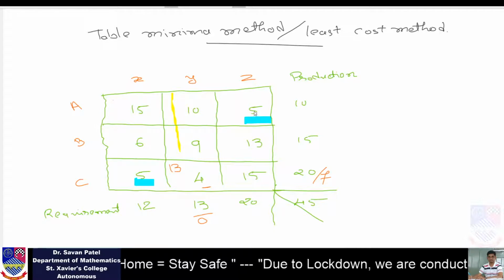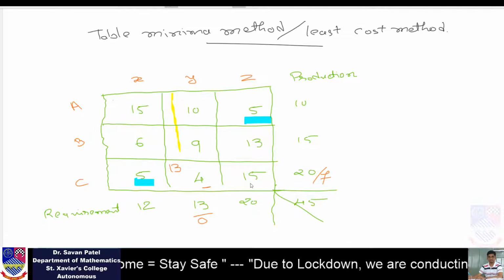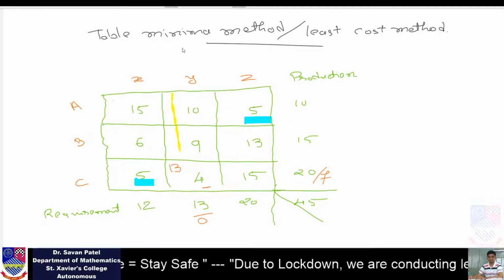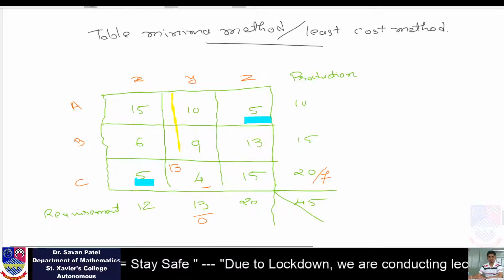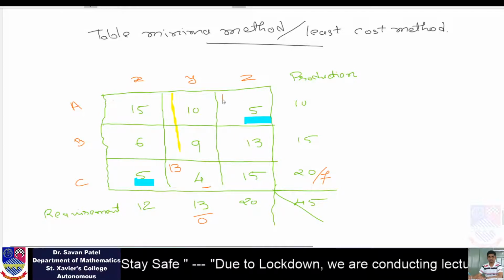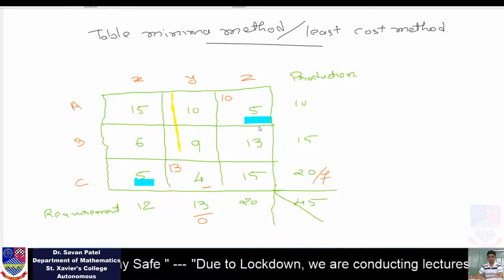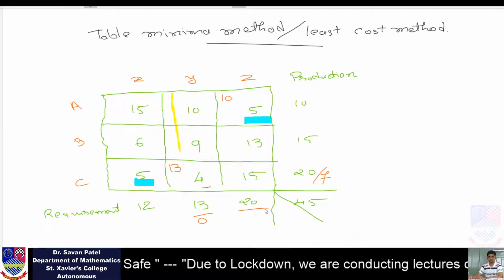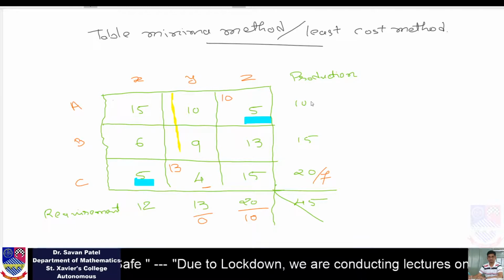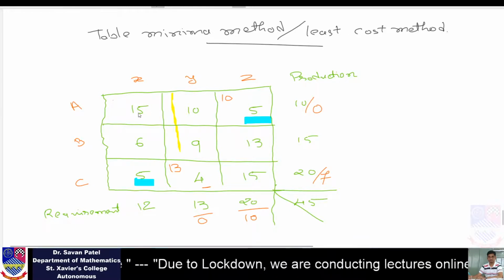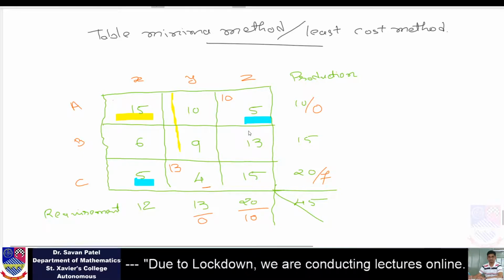And here the maximum allocation possible, from 10 and 20, is 10. So we will go for this pile and write the corresponding allocation here. We will transport from A to Z the 10 units. So here we are left with 10 units and here we are left with 0 units. Since this is 0, the corresponding row will be removed.